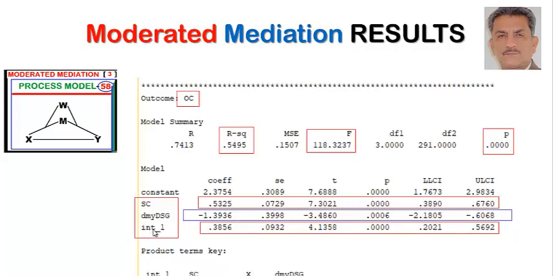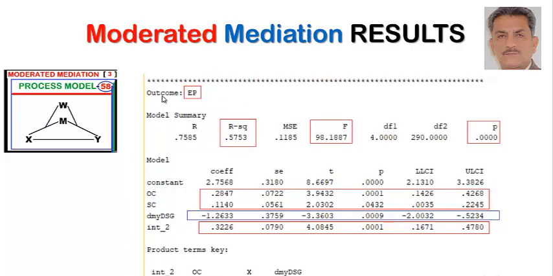However, the interaction term on this path positively contributes to the change in organizational culture, with a coefficient of 0.3856, a t-score of 4.1, greater than 1.96, a significant p-value, and limits of the confidence interval on the positive side, so no zero between the limits. So organizational culture is predicted by all three variables with huge statistics and significance.